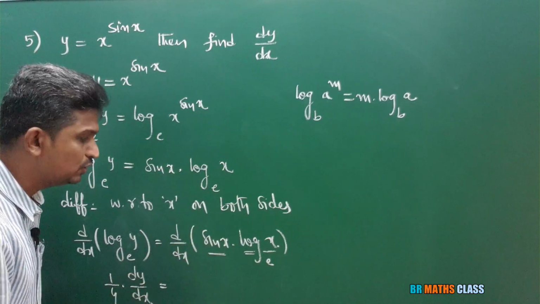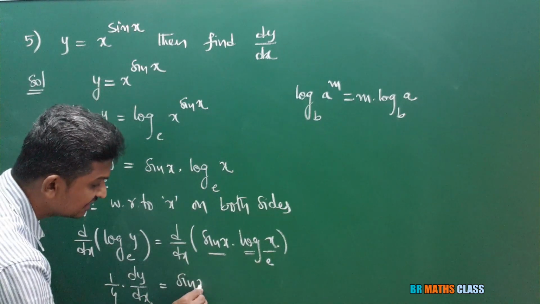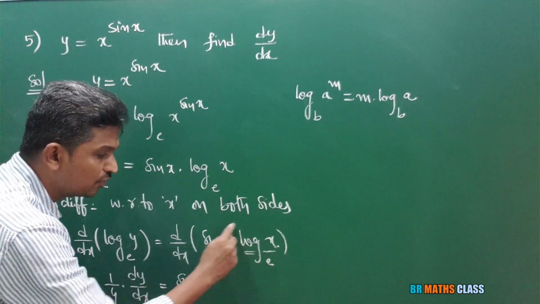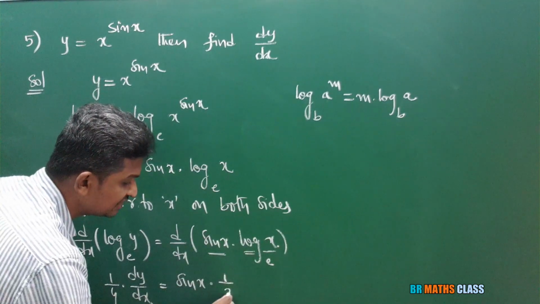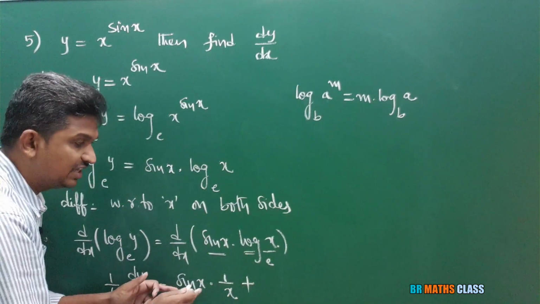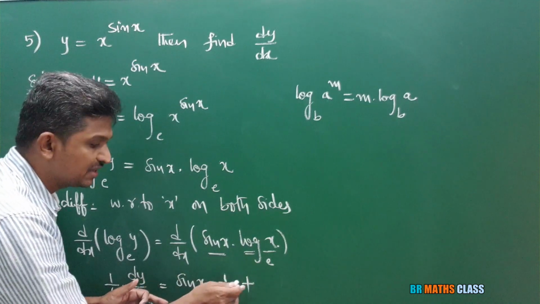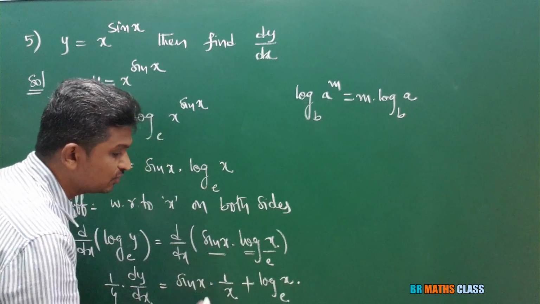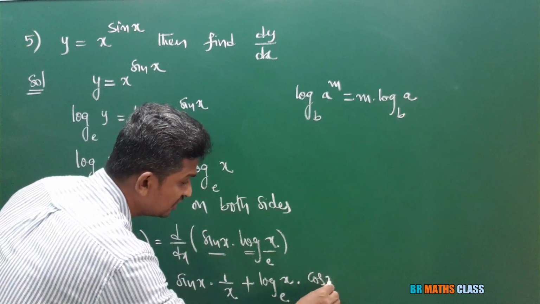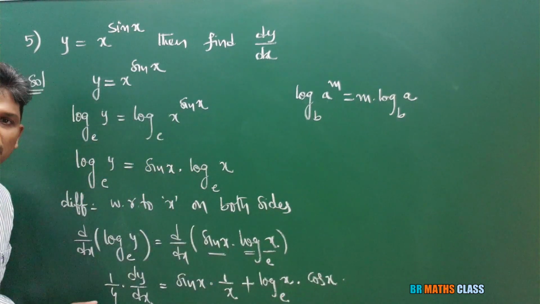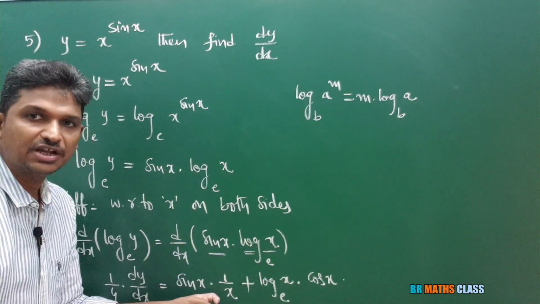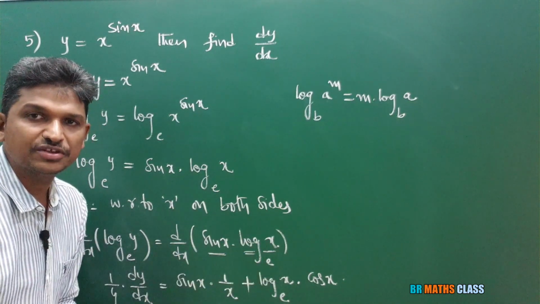So sin x into derivative of log x base e, which is 1 by x, plus second function log x base e into derivative of sin x. Derivative of sin x is cos x. What happened here? Just applied the product rule.